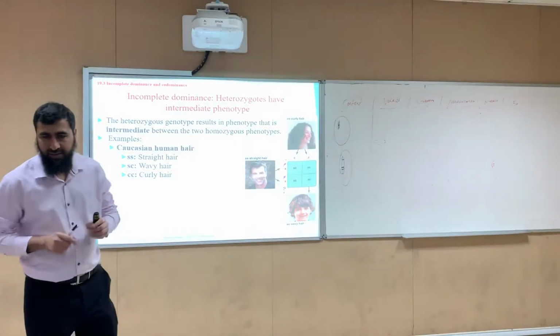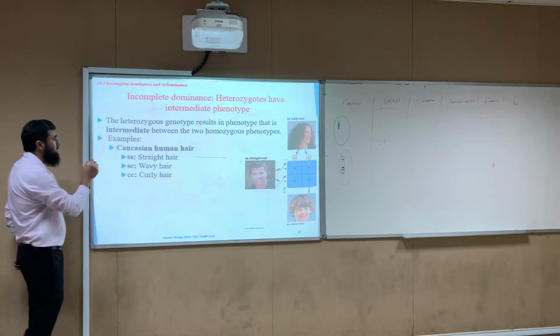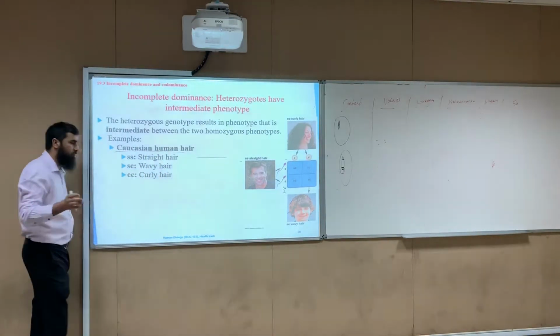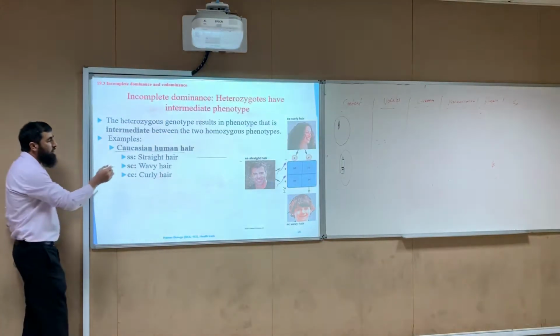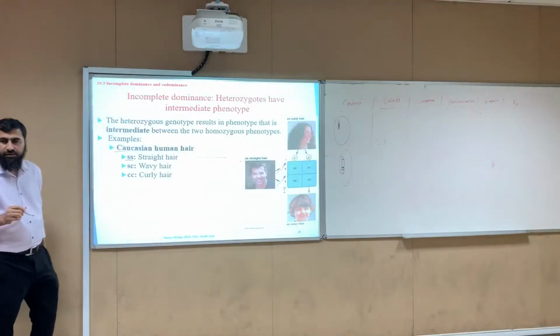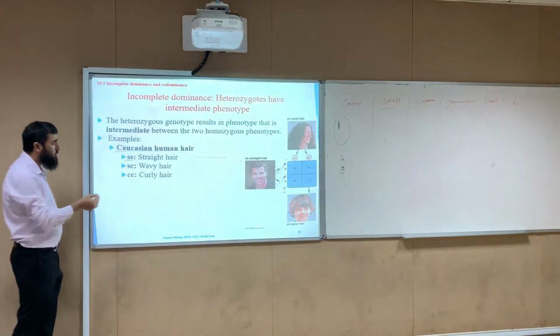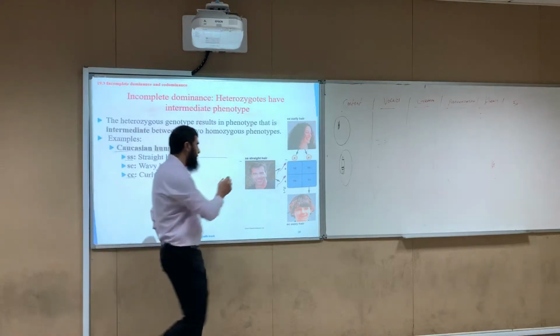So if you find the alleles, for example, for Caucasian hair, if you're homozygous for the straight, you get straight hairline.